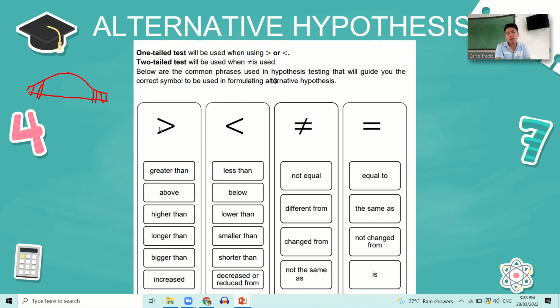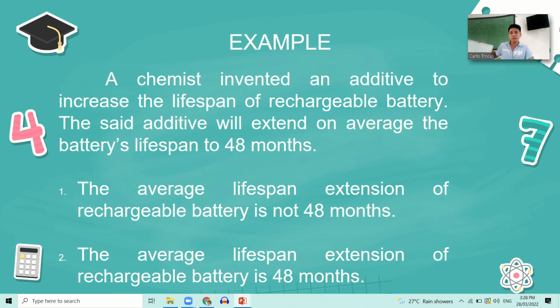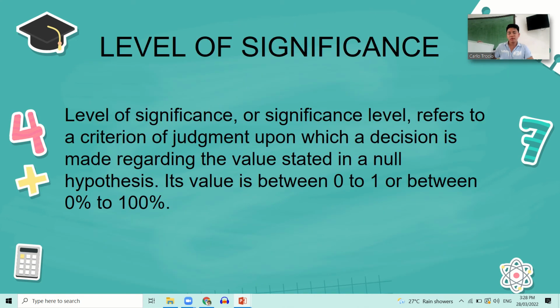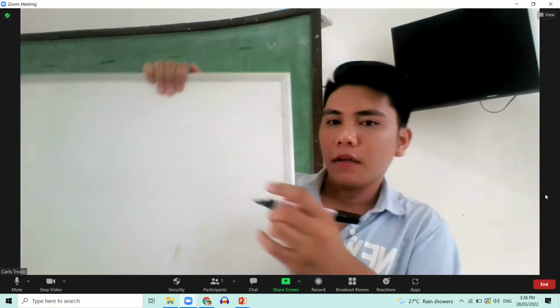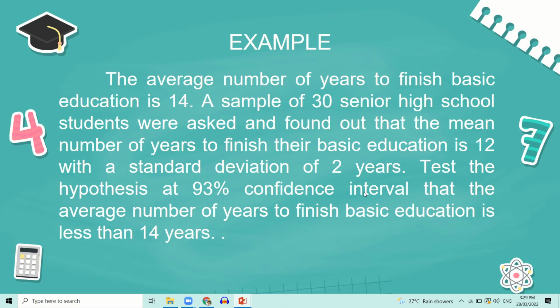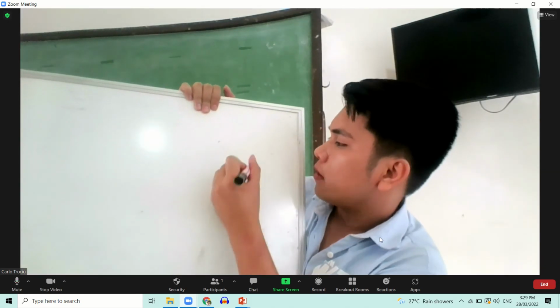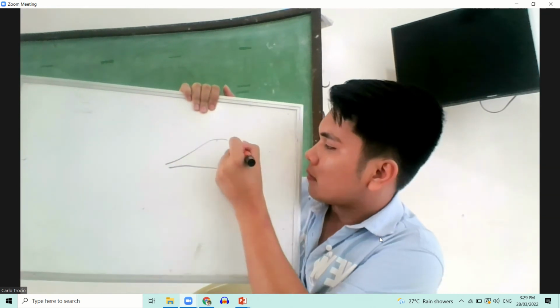Therefore, you can draw like just like this here. Here's an example. Let me go back to my slide. So this is 93% confidence level, 93%. So you have a positive, here, for example.